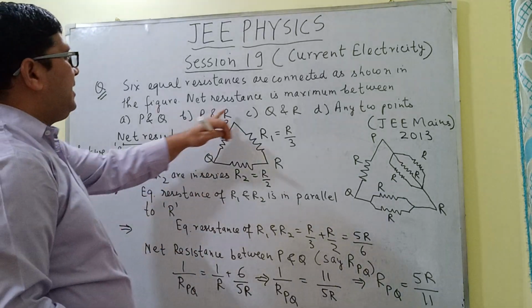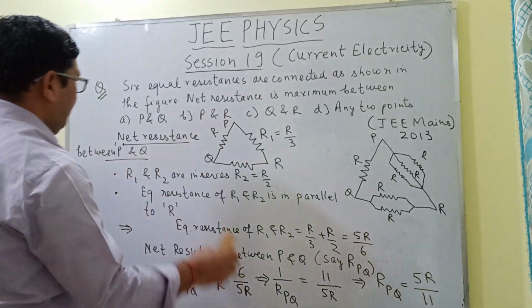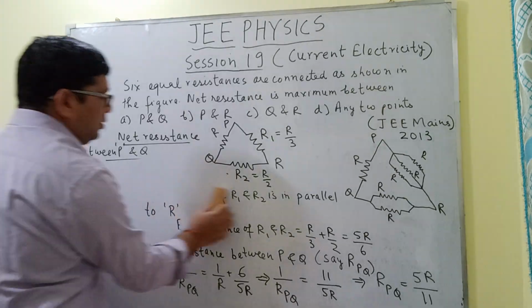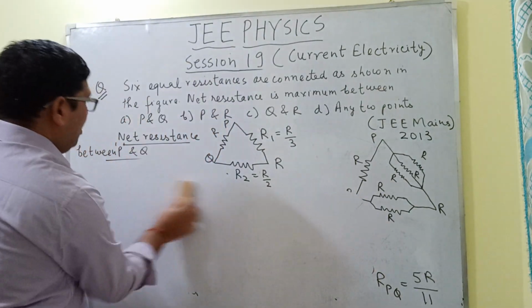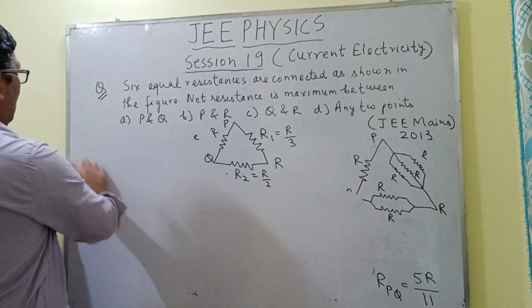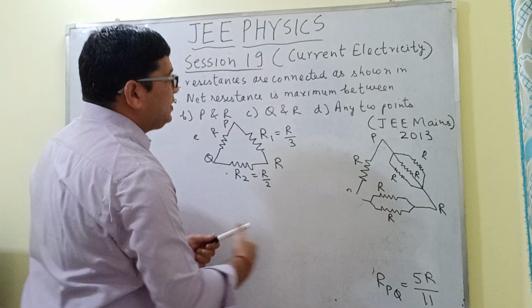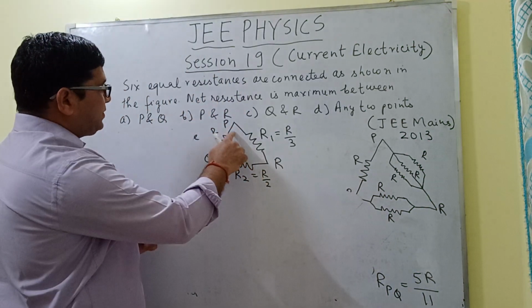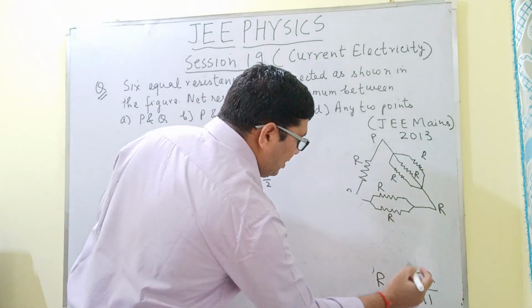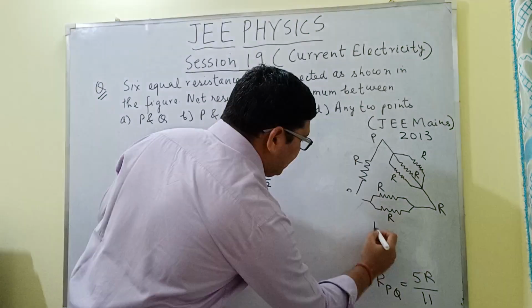Now we will be finding the net resistance between the point P and R. So I will now write this value, because I have got the value of the net resistance between the point P and Q as 5R by 11. So I will be writing this here.